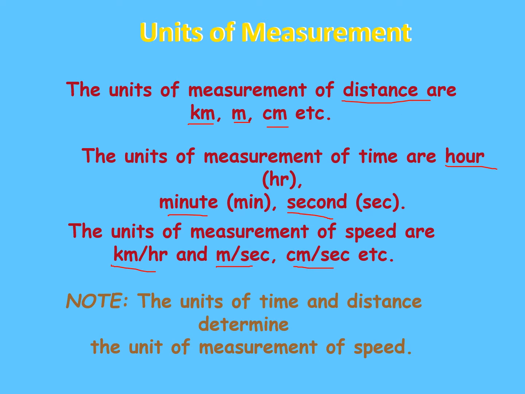The measurement of speed is given with the units of distance over a unit of time. So we have kilometer, that is a unit of distance, and hour, that is a unit of time. The units of time and distance determine the unit of measurement of speed.